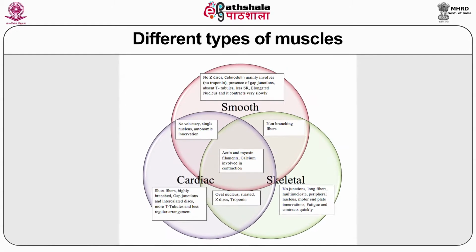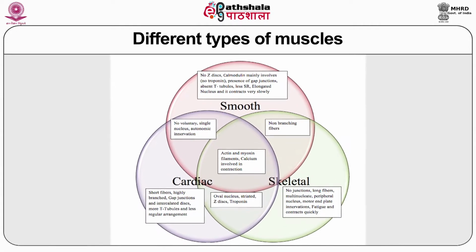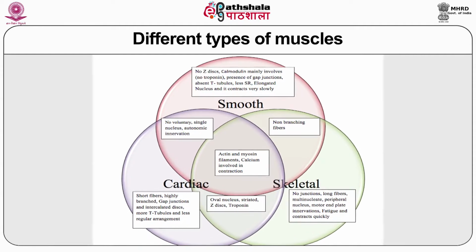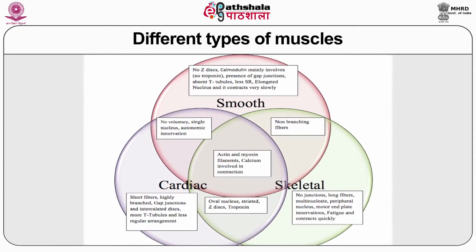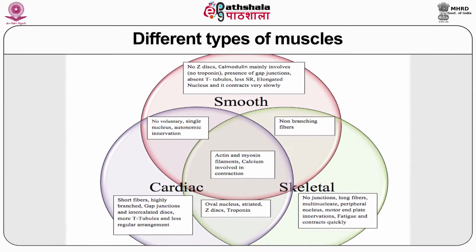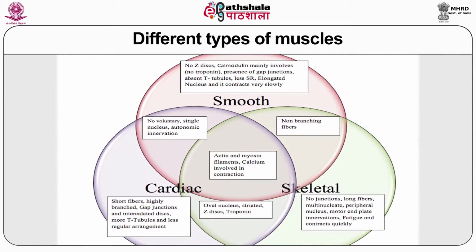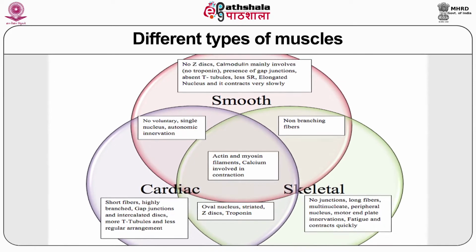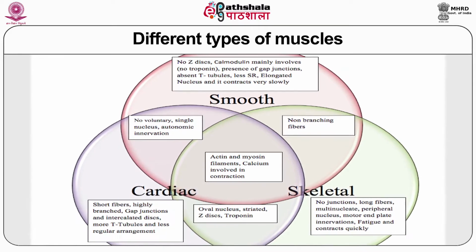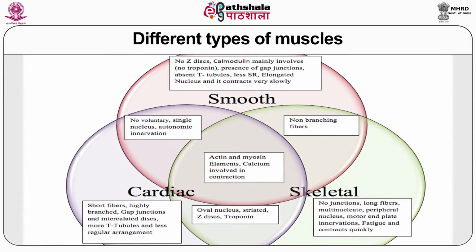Each muscle fiber has a single centrally placed nucleus. The fibers branch and anastomose with each other, forming a syncytium. Surrounding cells are joined by intercalated discs which provide conductive pathways from one cell to another.